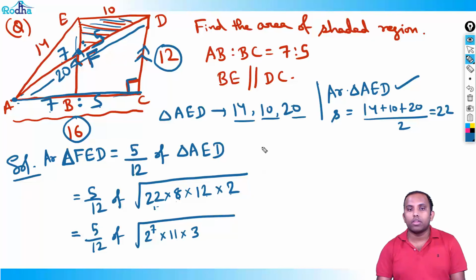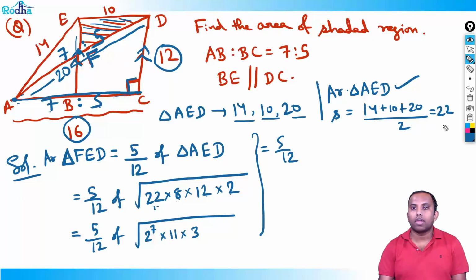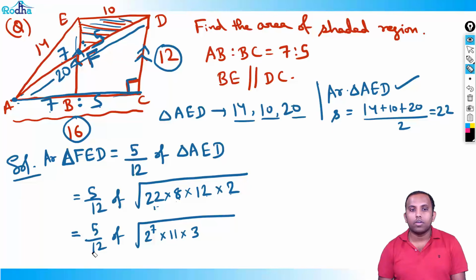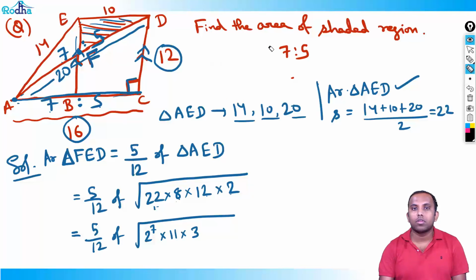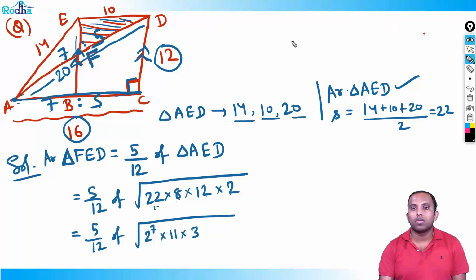So I can write 5/12 of, now 2 raised to 6 will come out as 2 cube.